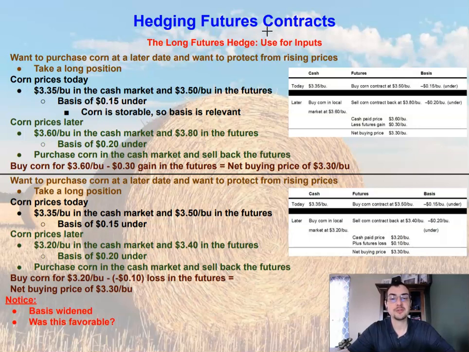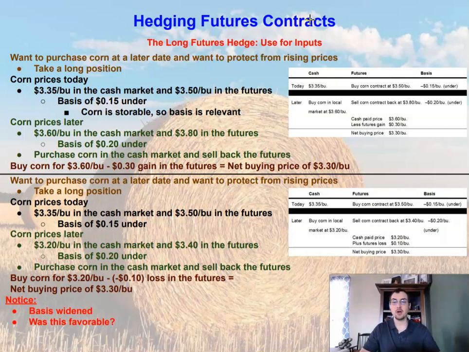The price went up as well. Because the price goes up, did we make or lose money in the futures? We made 30 cents. We bought the corn contract at $3.50 and sold it back at $3.80, so we gain 30 cents in the futures. Now we have to keep in mind that we're actually buying this commodity.